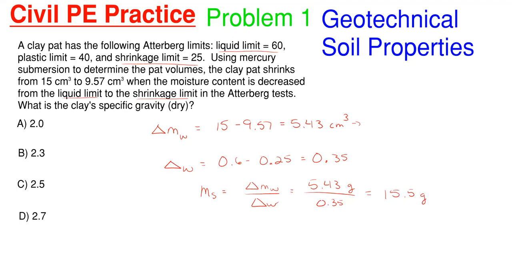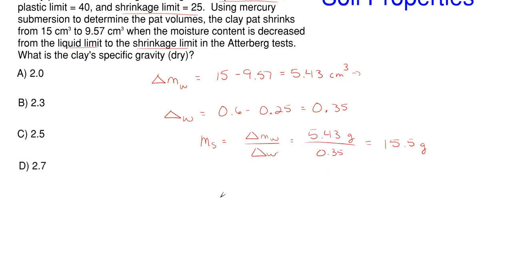The next thing we need to determine in this series is our water volume at the shrinkage limit, and I'm just going to call that VW. That's going to be our moisture content multiplied by our MS that we just determined, divided by our rho W, which is the density of water, 1 gram per cubic centimeter.